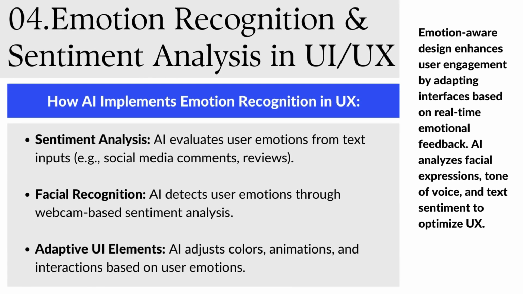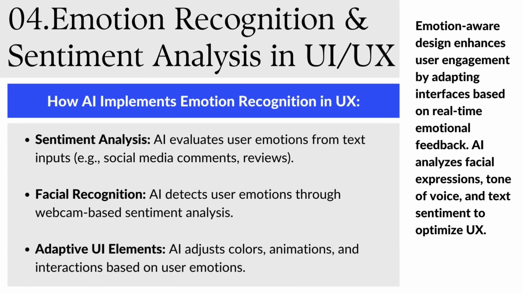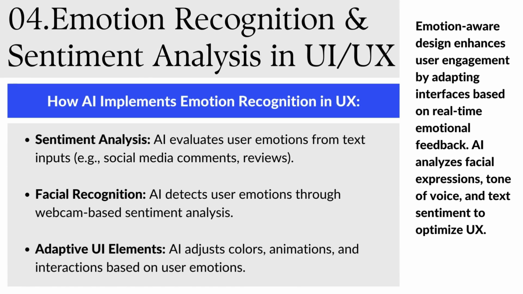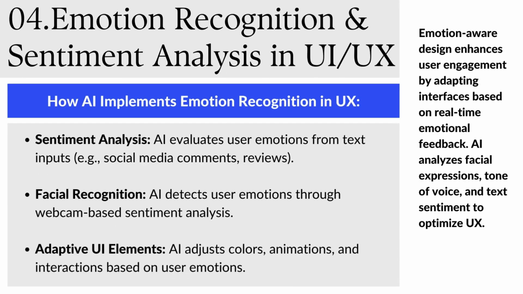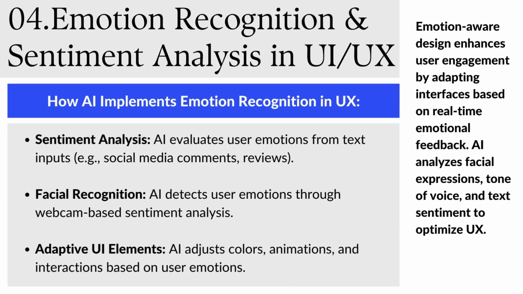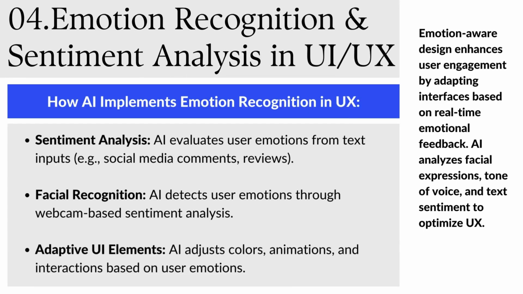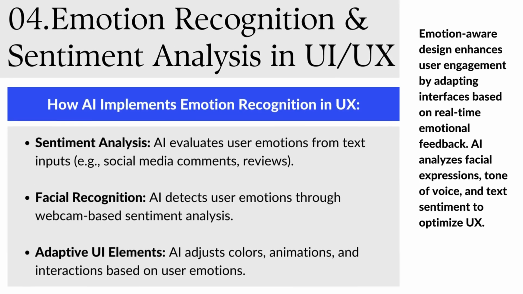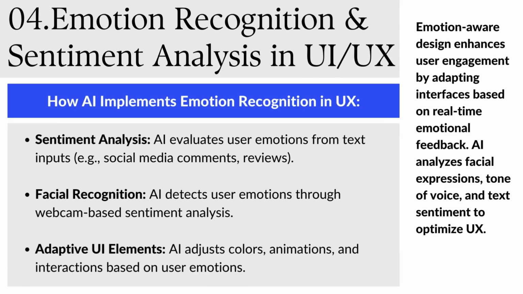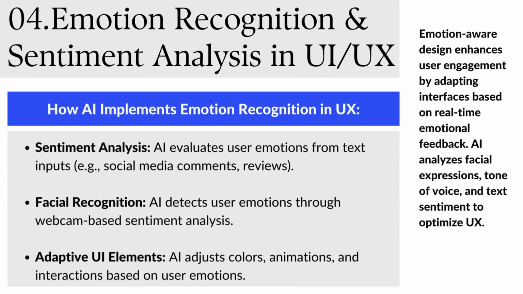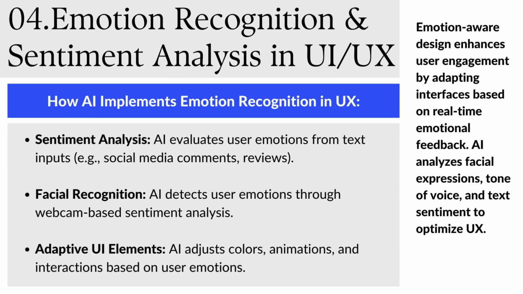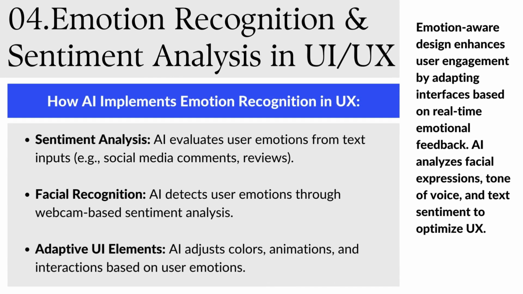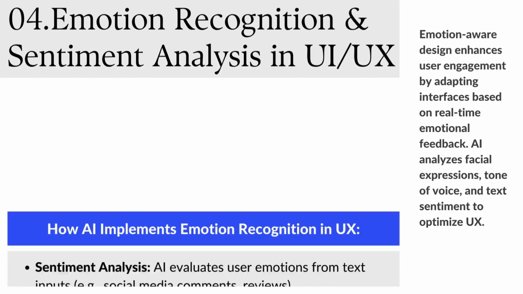First things first, we have what we call sentiment analysis. With this, AI evaluates user emotions from text inputs, for example, social media comments and reviews. Next on our list, we have facial recognition. With this, AI detects user emotions through webcam-based sentiment analysis.